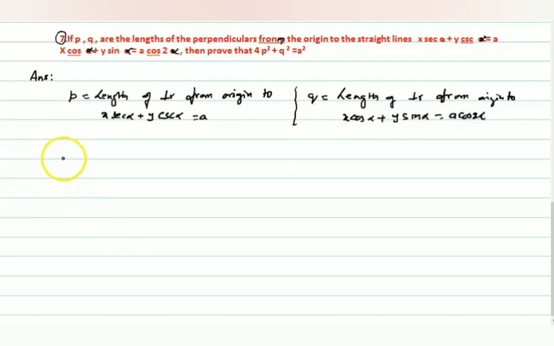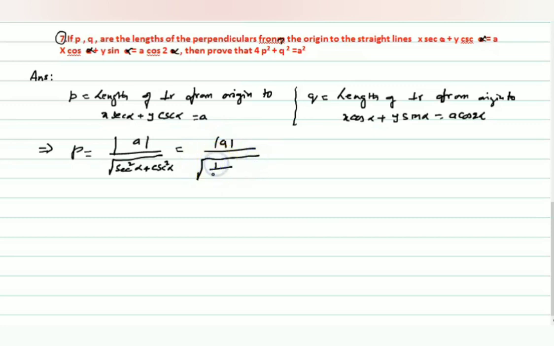Therefore, I can write these two values as follows. P is the perpendicular distance from the origin. So the formula is modulus of c by root of a square plus b square, that is secant square alpha plus cosecant square alpha. This I can write as a by root of 1 by cos square alpha plus 1 by sin square alpha.